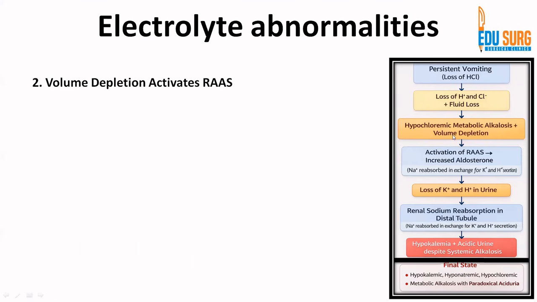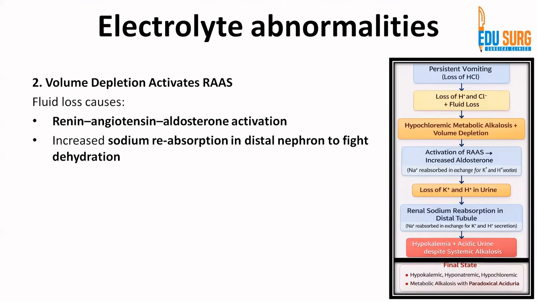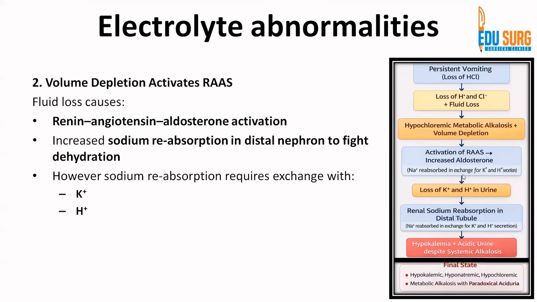Now what happens is this volume depletion activates the renin-angiotensin-aldosterone system. Increased aldosterone results in increased sodium reabsorption in the distal nephron to fight the dehydration. However, when sodium is reabsorbed, it is exchanged with potassium and hydrogen ions in the urine.